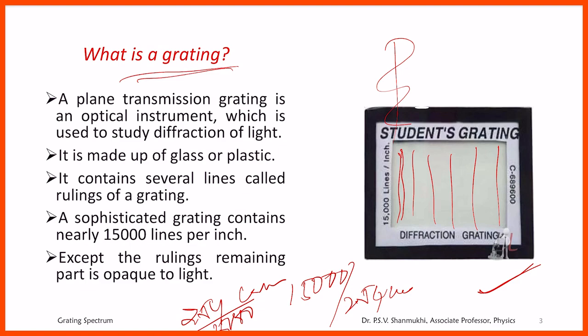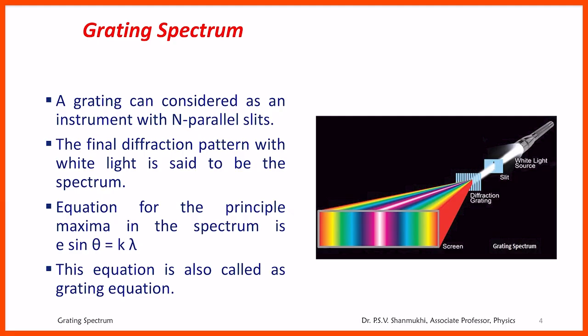That is why, when the light is passing through this plane transmission grating, the light passes through the slits and produces this kind of diffraction pattern. So, what is a grating spectrum? Here a diffraction grating is taken, and the light is passing through the slits of the diffraction grating.